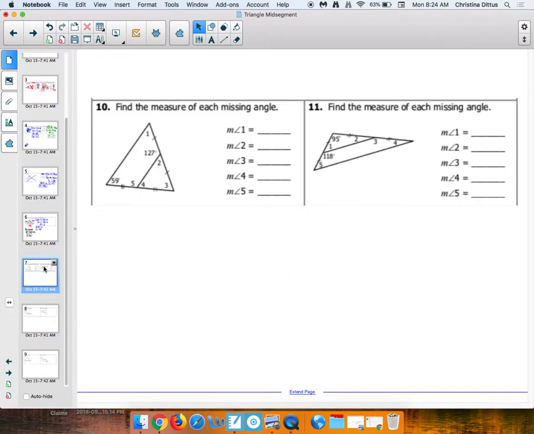So when we have parallel lines, we got our angle relationships. Let's start with something easy. 59, how big is angle 4? 59. Why? What kind of angles are they? Corresponding, good.